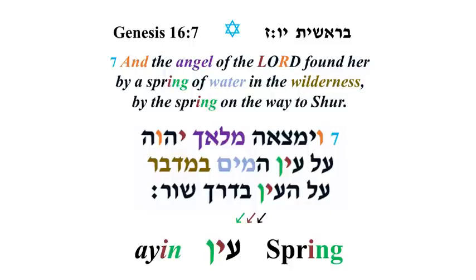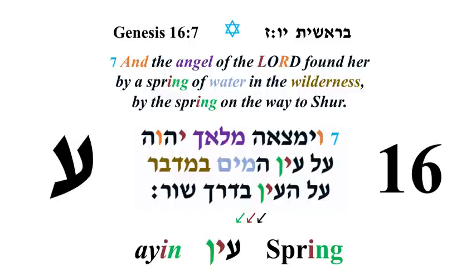And there's that word Ayin in the second line, second Hebrew word there. It's kind of interesting, Ayin is the 16th letter of the Hebrew alphabet, and notice that this is in Genesis chapter 16. You have Ayin, spring.